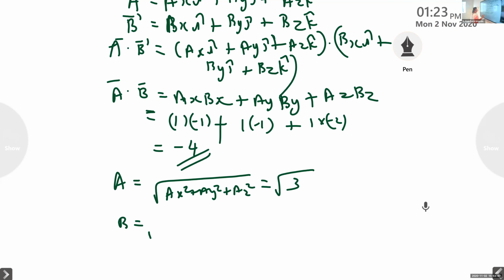Similarly, B: -1 squared plus -1 squared plus -2 squared. But you got √6 or what, children? What is B? √6. Correct?